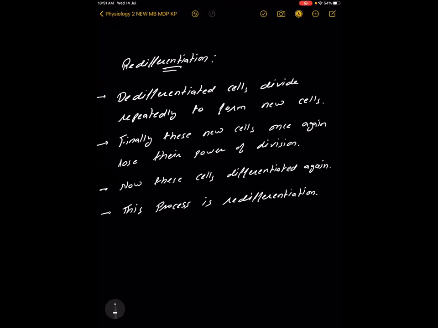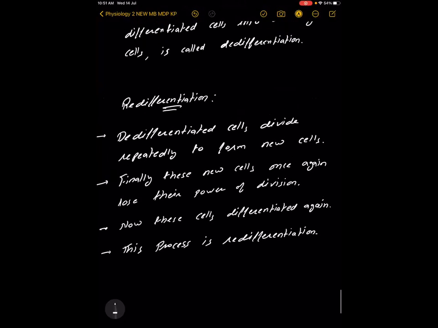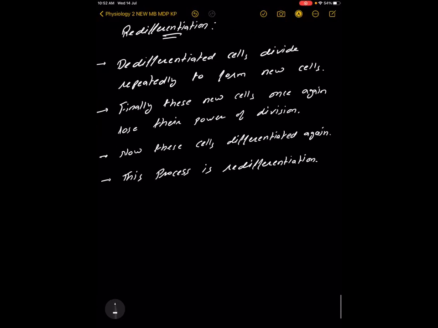After differentiation, dedifferentiation, and redifferentiation, another term we use is plasticity. What is plasticity? Plasticity is the ability of the plant to produce different types of structures in its life cycle, in response to environmental conditions.